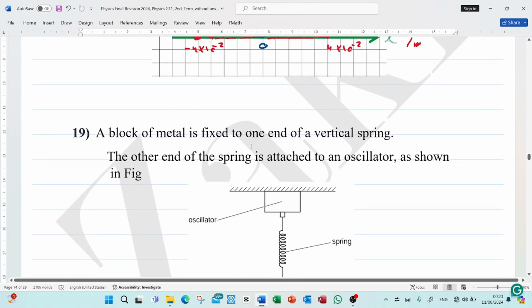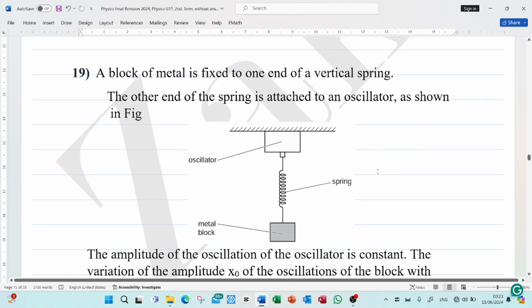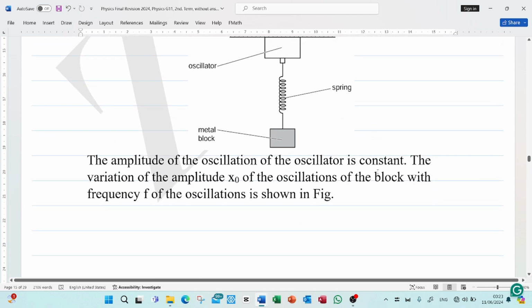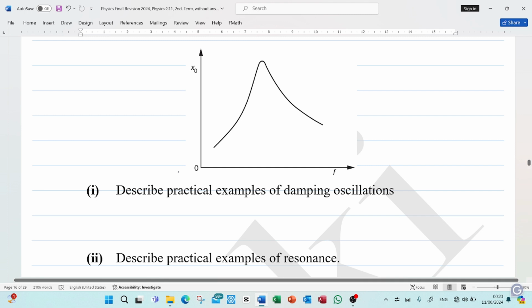Next question. A block of metal is fixed at one end of a vertical spring. Here, the variation of the amplitude of the oscillations is shown in the figure. Now, describe practical examples of damping oscillations. Car suspension, this is an example of damping.